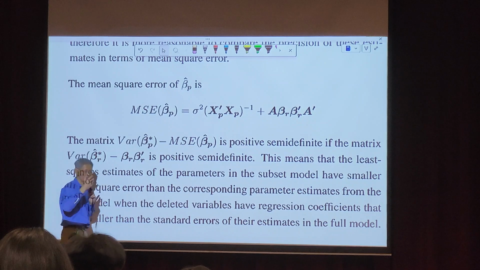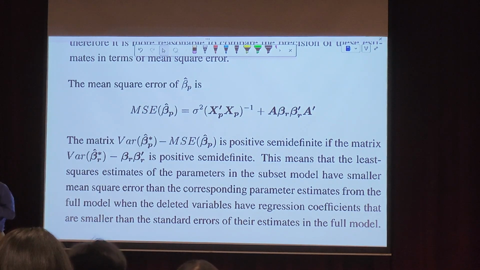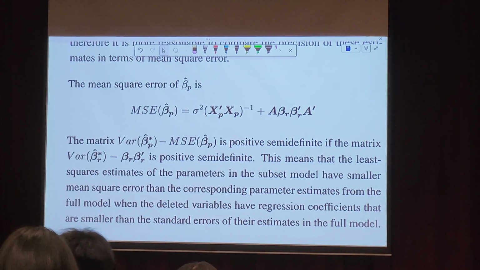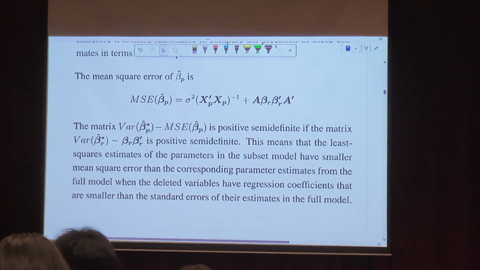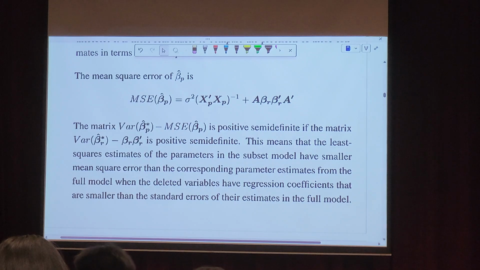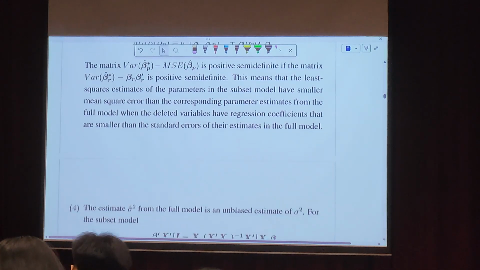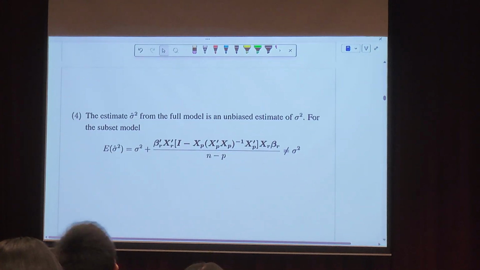In other words, the subset model, although it's biased, has smaller mean square error.